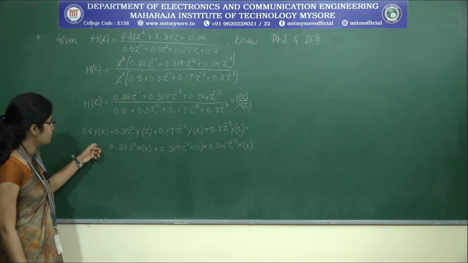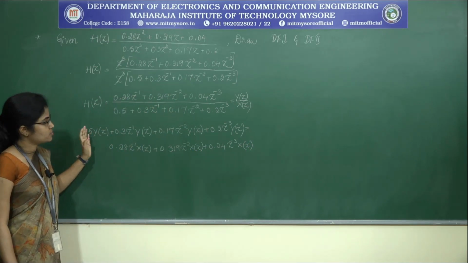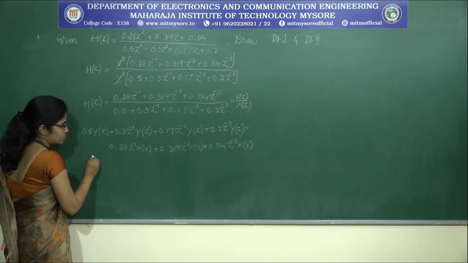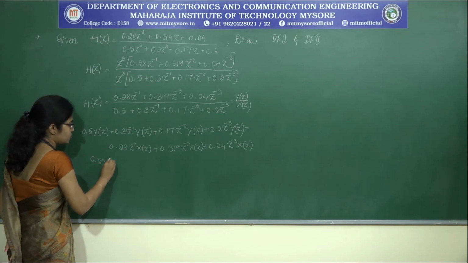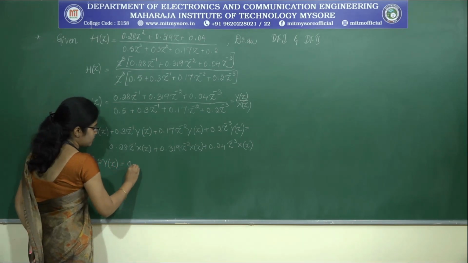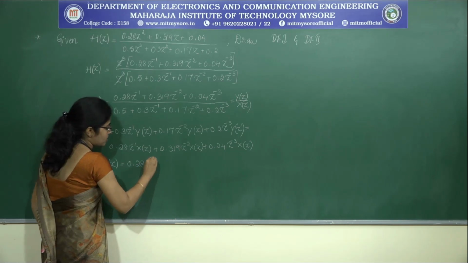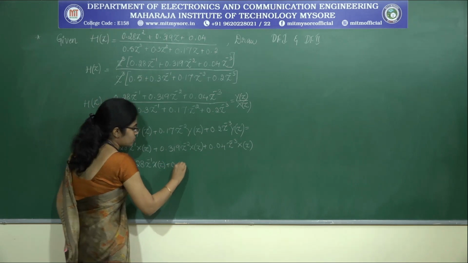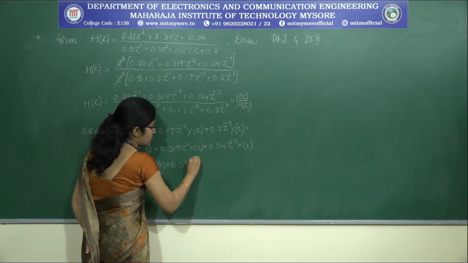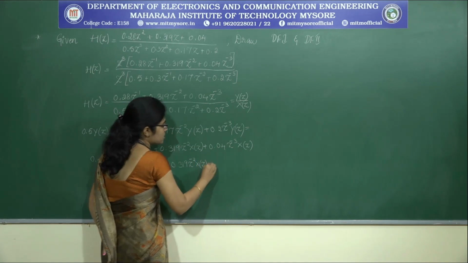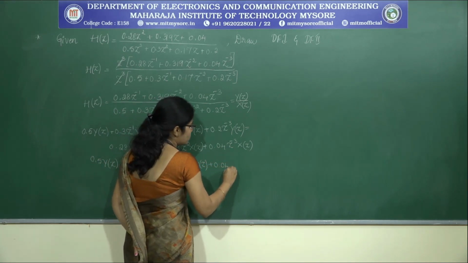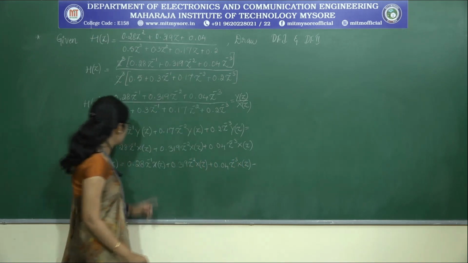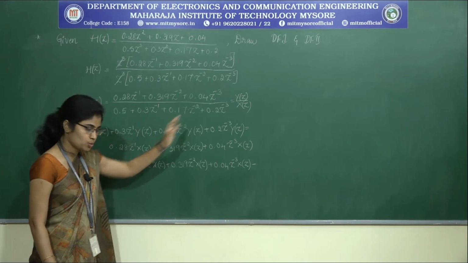Now I want the expression for y of z. So let us move the rest of the terms towards the right hand side. The expression will be 0.5 into y of z, which will be equal to 0.28 into z power minus 1 into x of z plus 0.319 into z power minus 2 into x of z plus 0.04 into z power minus 3 into x of z minus, so the terms from the left I should move towards the right hand side.